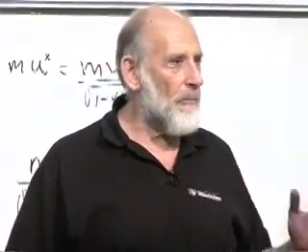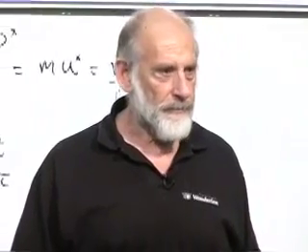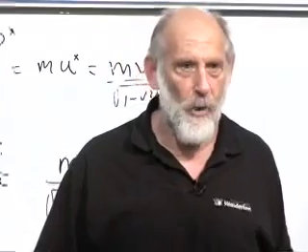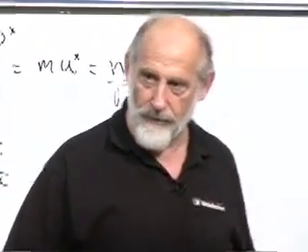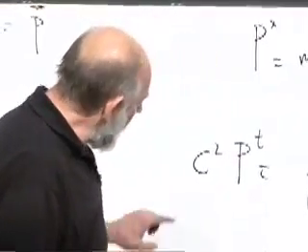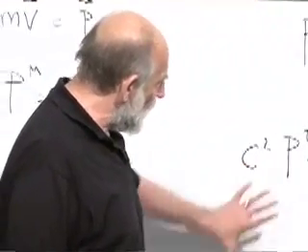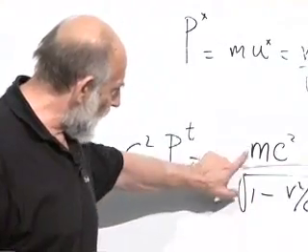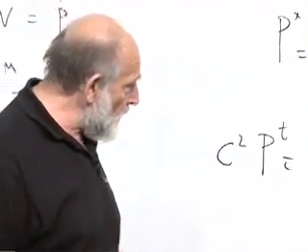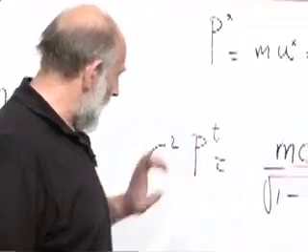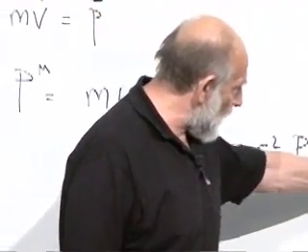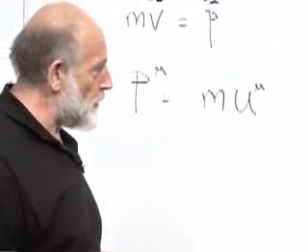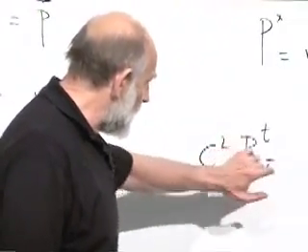The units of energy are mass times velocity squared. Where did I get that from? 1/2 mv squared is the kinetic energy of a particle in ordinary non-relativistic physics. So if pt has anything to do with energy, then you better multiply it by c squared in order to have it in units of energy. But apart from units, it's just pt. Apart from putting in the appropriate powers of c to give it the units that we're familiar with when we talk about energy, pt is the energy.